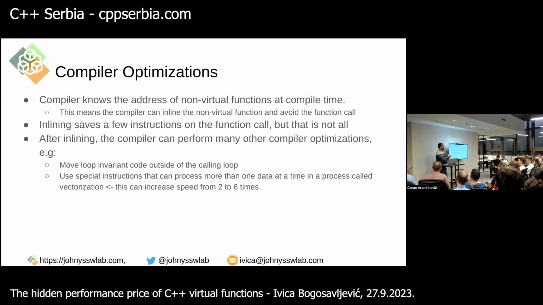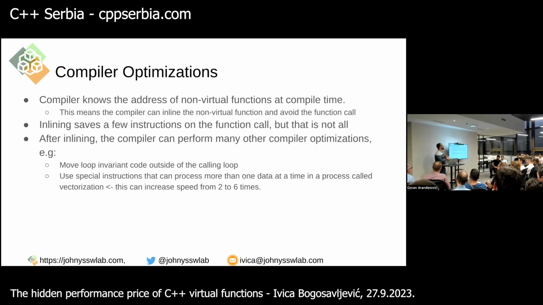Let's say your code has a call to a function that does a plus b. The compiler with inlining takes a plus b and copies the body of that function into the place where you call it.